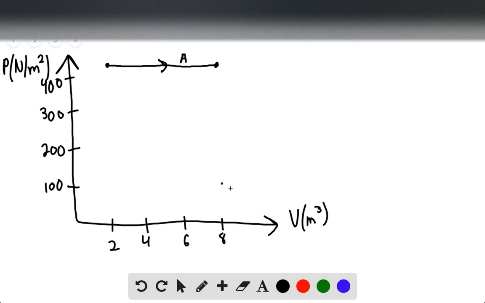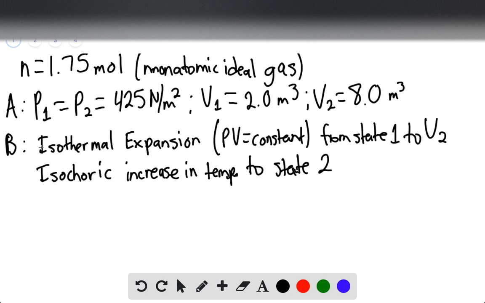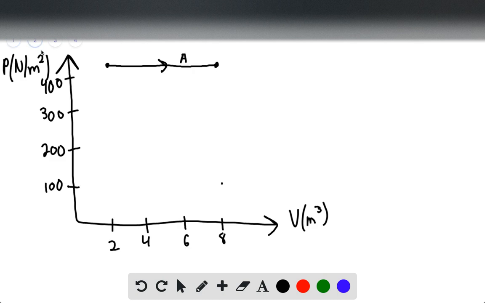And it's going to go from state 1 to volume 2, defined by the process B, and again, pressure is dropping by a factor of 4, which means that we have this curve here.